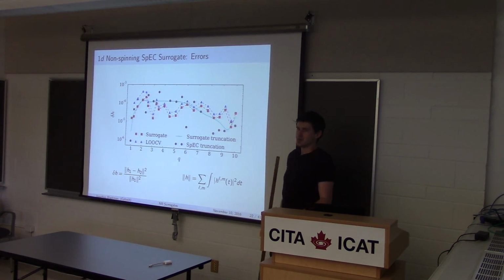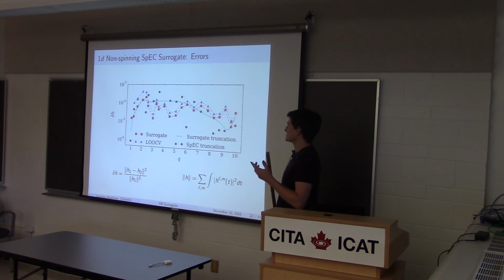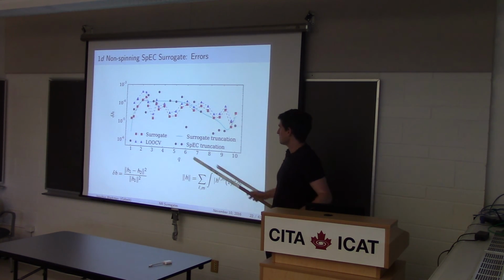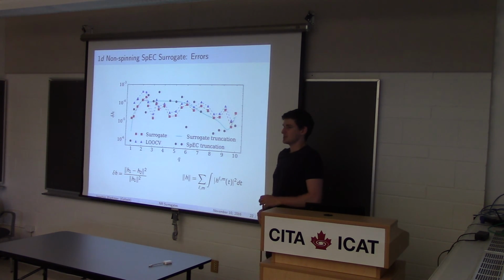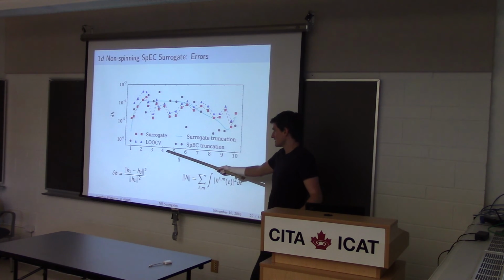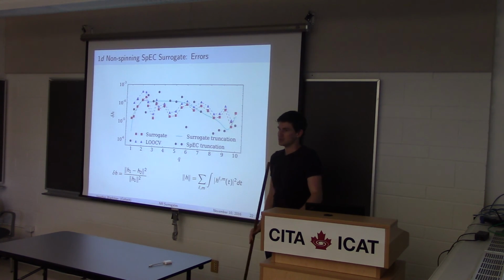If we just evaluate the surrogate at the particular mass ratios we use to build it, and basically spit out the input waveforms and reproduce what was input into the surrogate, we get these red squares. Those aren't a very good estimate of the surrogate's ability to interpolate to new parameters. So to do that, we do a cross-validation study, in particular a leave one out cross-validation study, where we get the blue triangles.